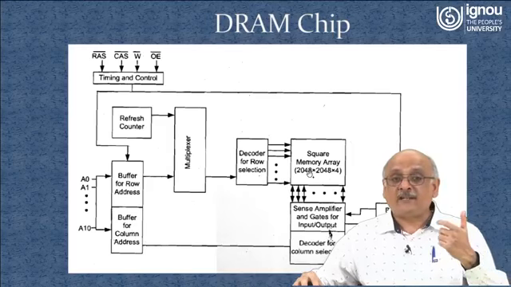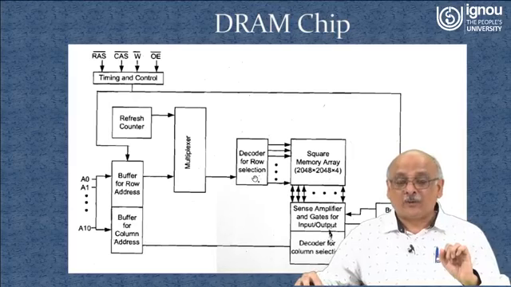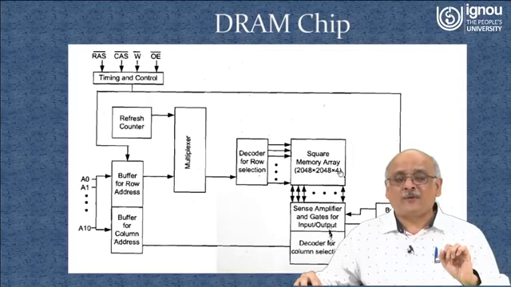What was the size? 32 into 4. However, here we see 2048 into 2048 into 4. So basically 4 cells are there and the square memory addresses are there. That's very interesting. There are going to be 2048 rows and 2048 columns, and then 4 cells within each of those.